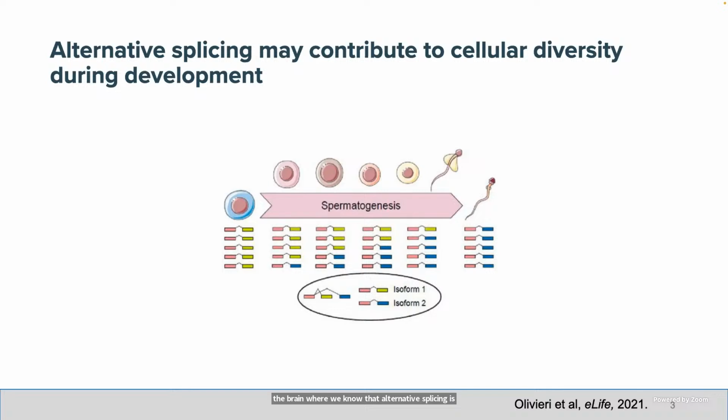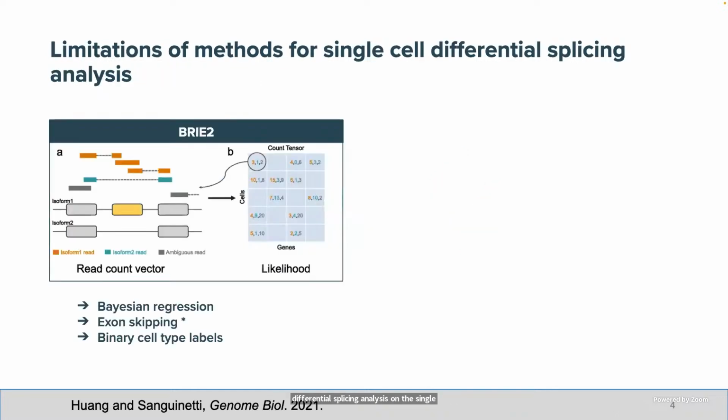So how do we actually go about doing this type of differential splicing analysis on the single cell level? This work is pretty recent. Over the last couple of years, these technologies have started allowing us to look at this problem. Several methods already exist for doing this, such as BRIE2, which uses Bayesian regression to model read counts across two potential transcript isoforms.